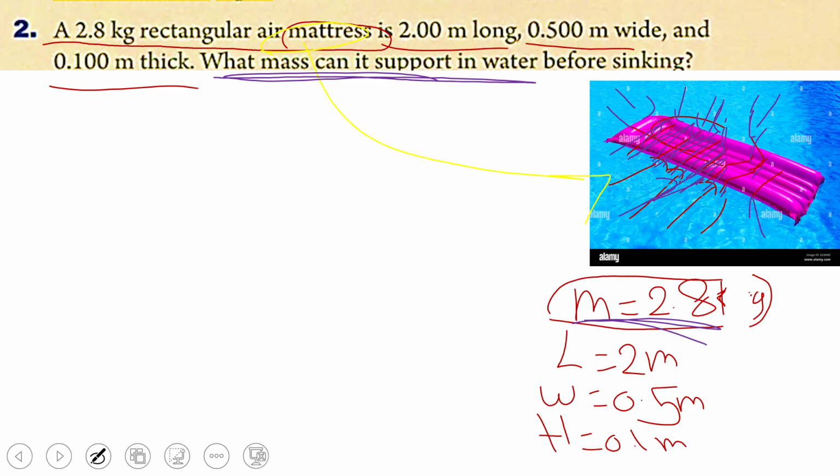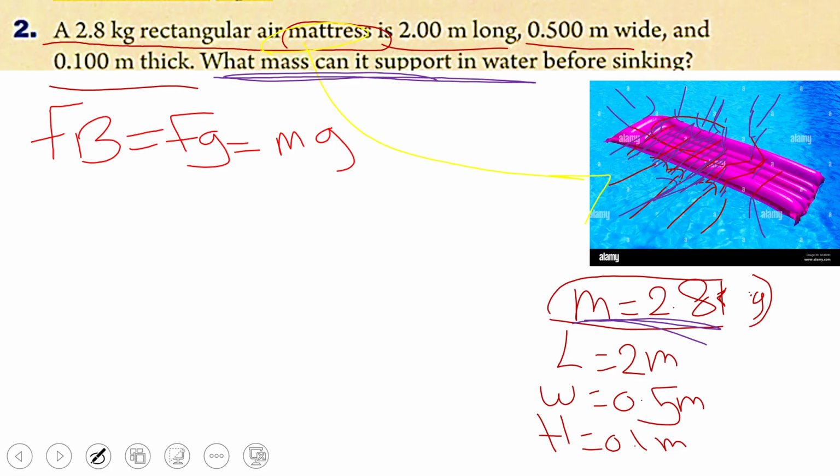As we know, dear students, we studied this rule and we said that all the time the buoyant force is equal to the weight Fg. Both are equal. And we said Fg is equal to mg according to Newton's law.